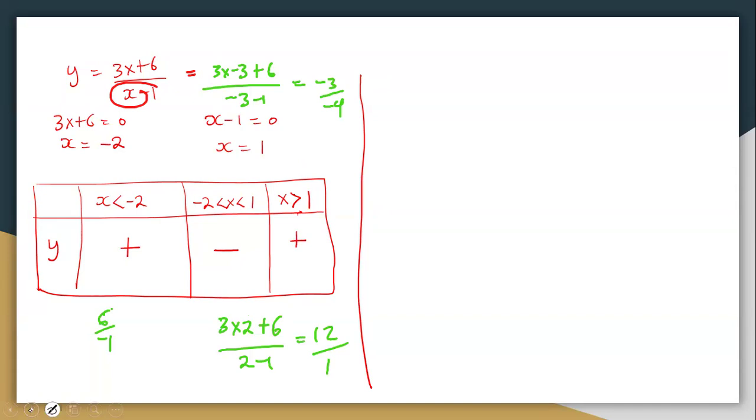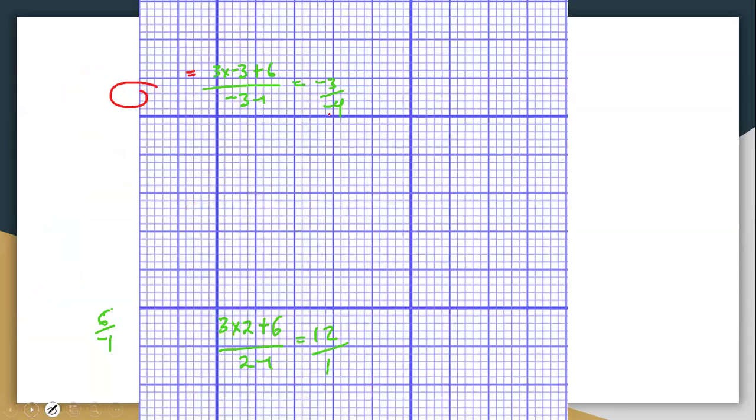Not maximum. Remember what these ones mean: for x less than -2, your curve will be above the x-axis. Between -2 and 1, it will be below. Perfect.